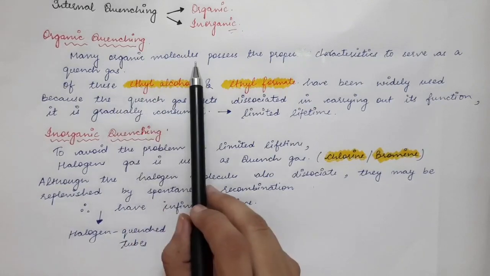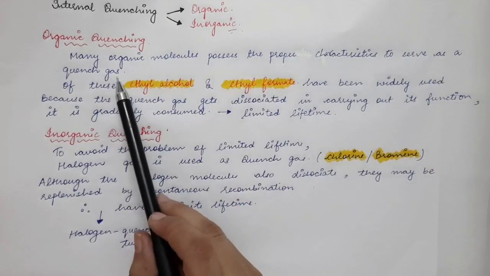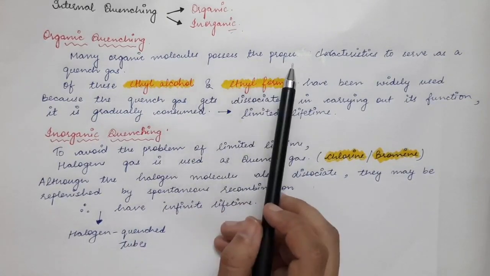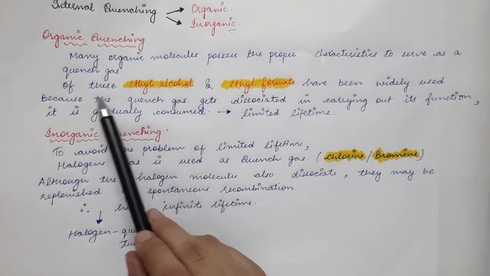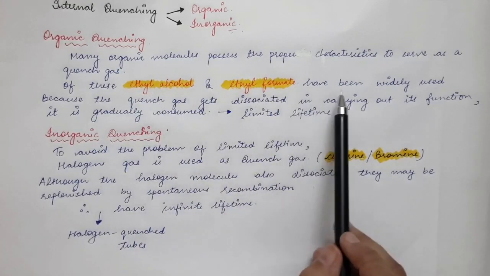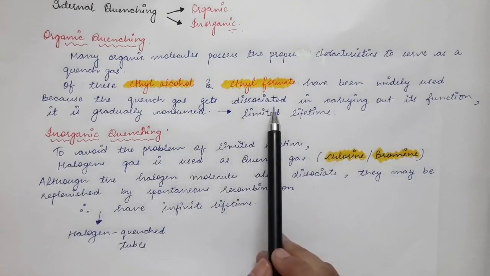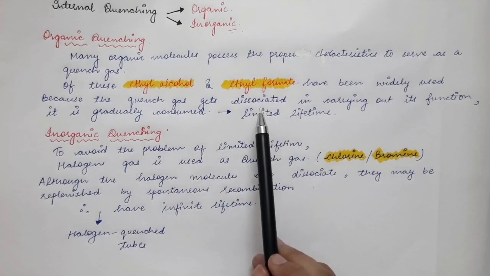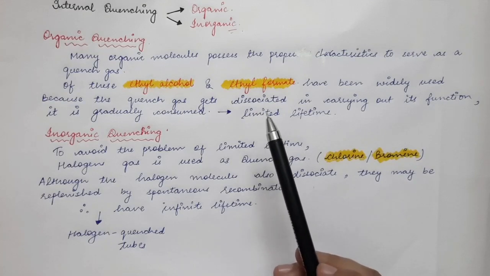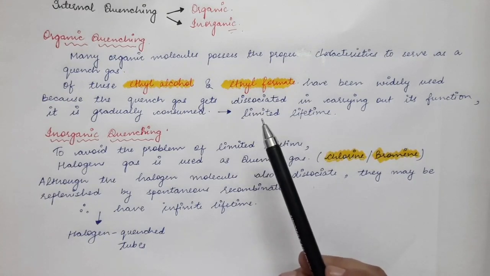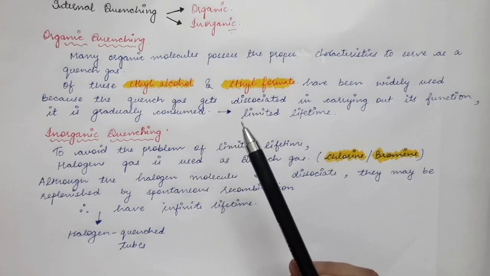Many organic molecules have the properties to work as a quench gas in the GM tube, and of these, ethyl alcohol and ethyl formate have been widely used. Because the quench gas gets dissociated, when the quench gas ions reach the cathode, the excess energy goes into the dissociation of the quench gas molecule.